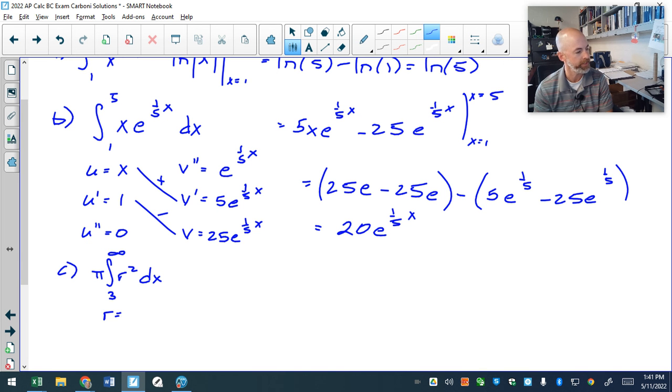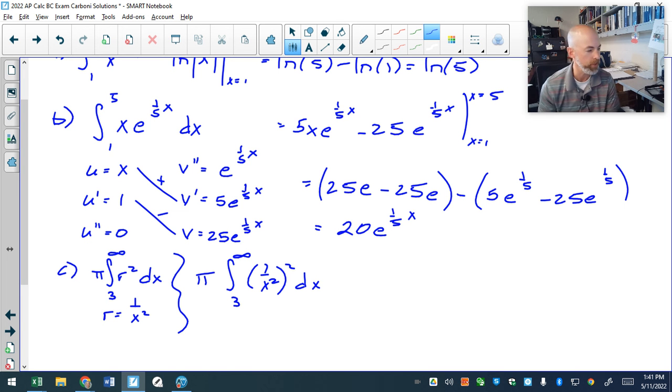And my radius of this cross-section would be 1 over x squared. And so when I throw all of that into the antiderivative, it's going to be pi antiderivative 3 to infinity of 1 over x squared squared. And I think I'm going to write it like this first because I'm almost certain you will get points for setting up the integral correctly.